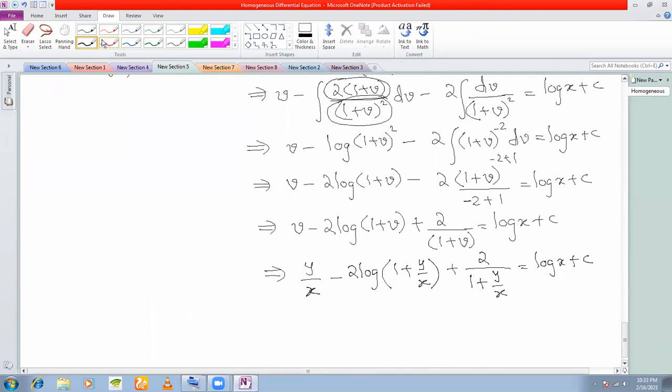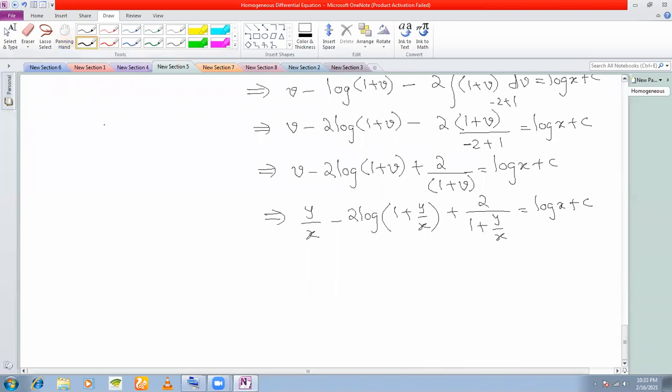Now just simplify this a little. You get y by x minus twice log 1 plus y by x plus, if you take the LCM, you get 2x by x plus y here, is equal to log x plus c. Now what can you do?